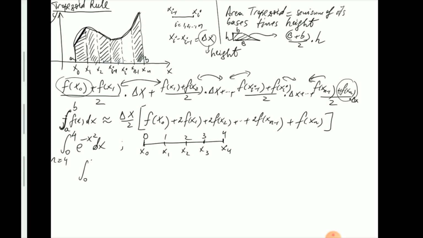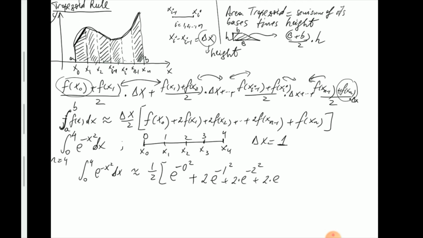So the integral from 0 to 4 of e to the minus x squared dx is approximately equal to, remember delta x is 1 in this case, so it's going to be 1 over 2 times f of x naught, that's e to the minus 0 squared, which is just e to the 0, right? So plus 2 e to the minus 1 squared plus 2 e to the minus 2 squared plus 2 e to the minus 3 squared, and the last one is just by itself e to the minus 4 squared.